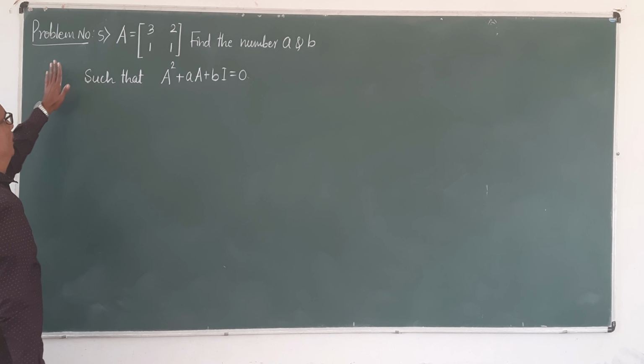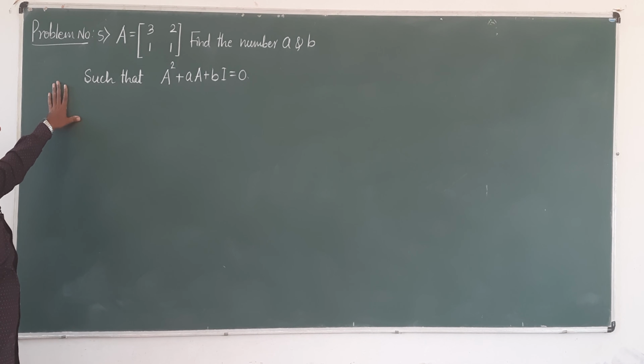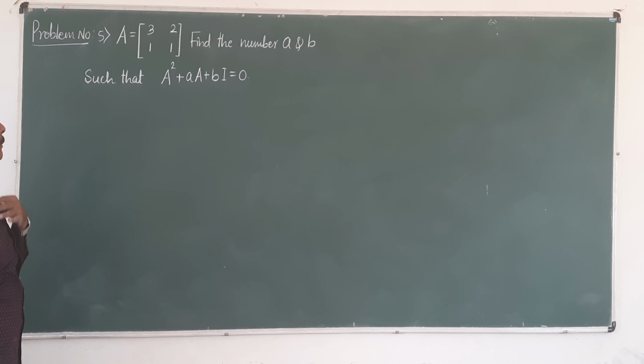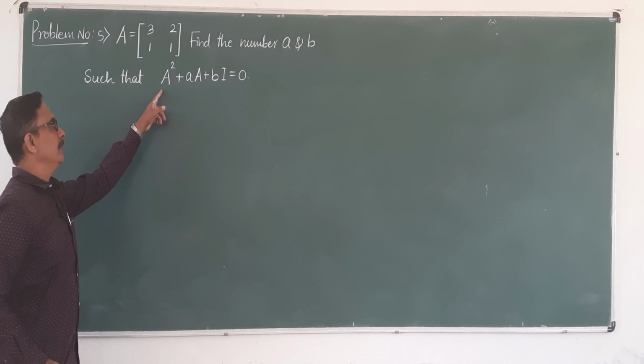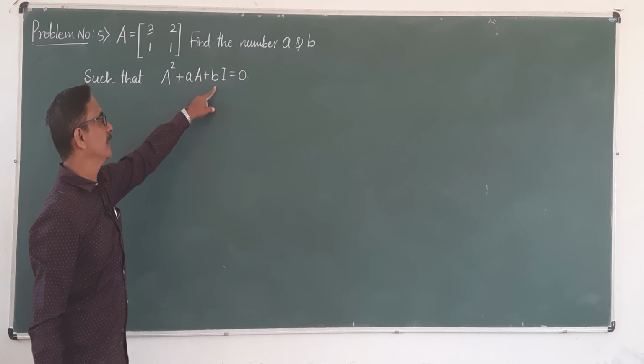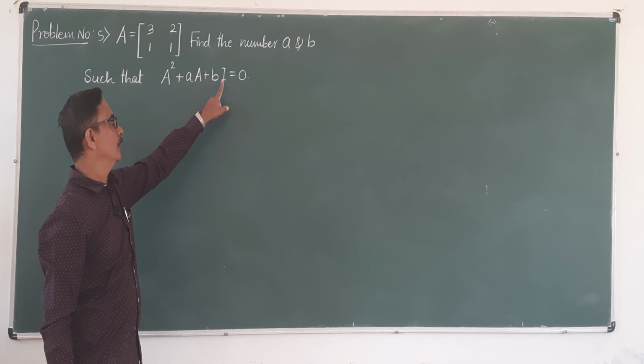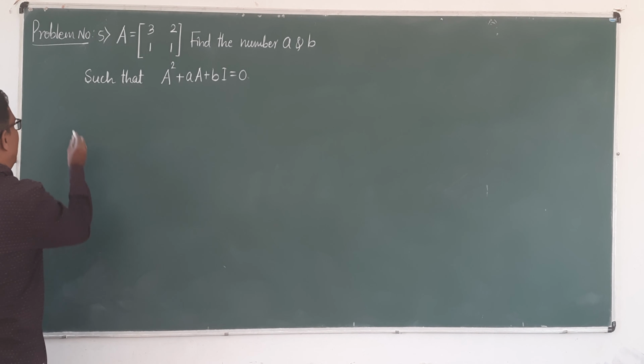Okay, problem number 5. If A is a matrix of order 2 cross 2, find the numbers a and b such that A square plus aA plus bI is equal to 0, where I is the identity matrix.